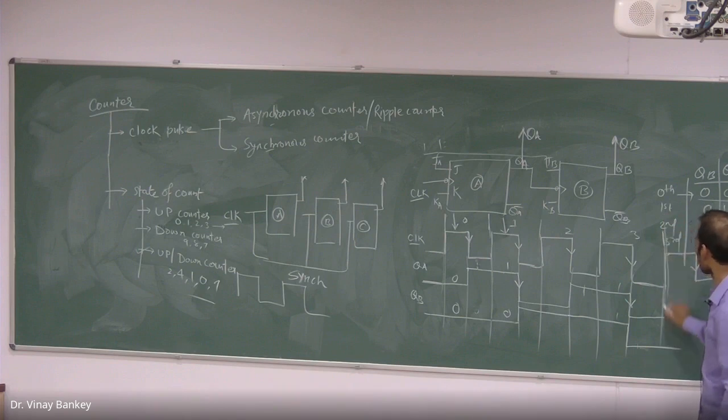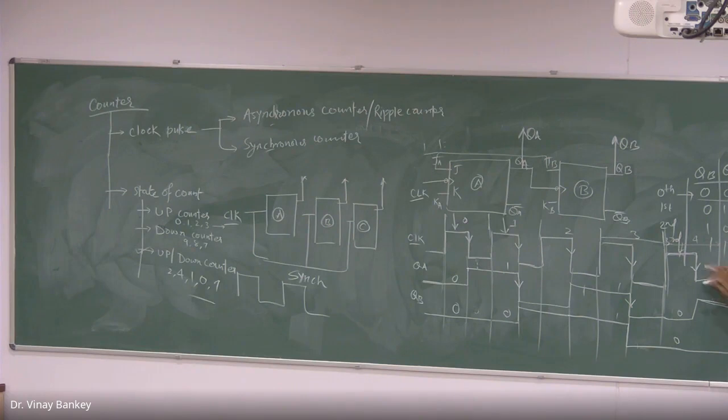We have here the third clock pulse. This one is third. The next one is the fourth clock pulse. So according to the fourth clock pulse, whenever it sees the negative edge, it will become 1 and this will remain 0. So at this point both will be 0, 0. So the fourth clock pulse will again count 0 and 0.